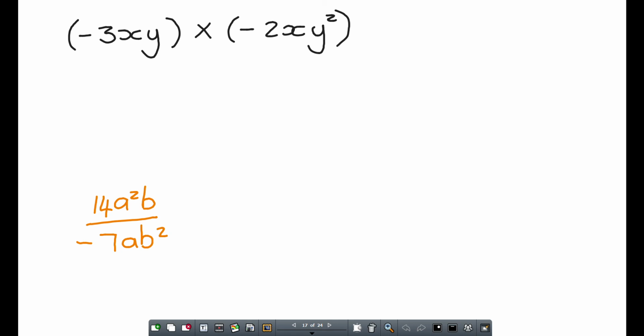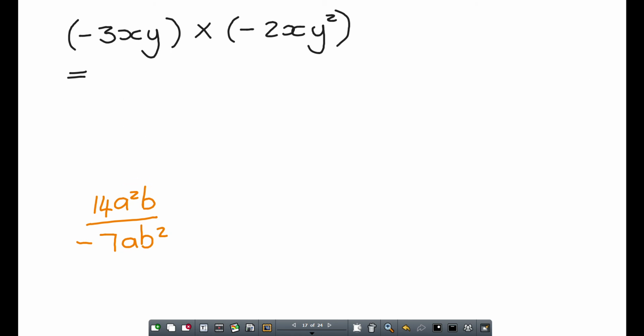What we do know is, because we're multiplying, what's going to change? My variables. So when we multiply, I said we look at the sign, then the numbers, and then the unknowns. Let's do the signs. A negative times a negative is going to give me a positive. But do I have to write that? No, so I can leave that out.